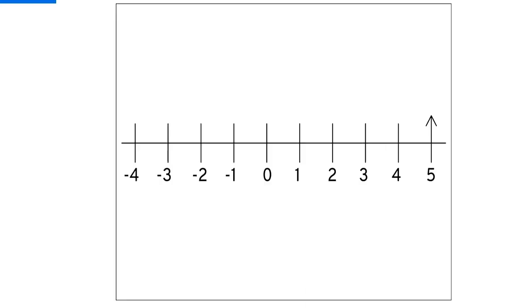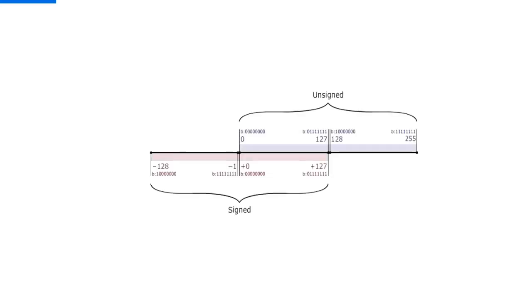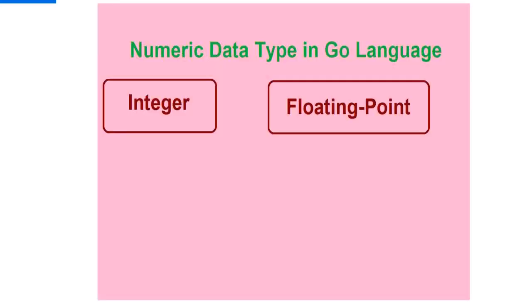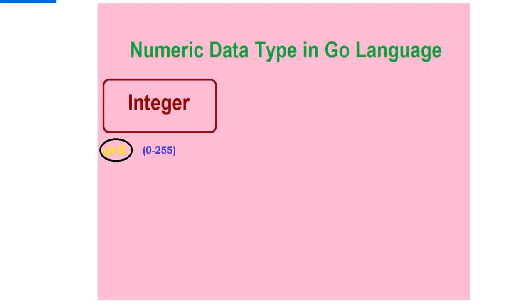According to this number line, we can have infinite numbers, some are positive and some are negative. All positive and negative numbers come in the category of signed integers, and all the positive numbers come in the category of unsigned integers. According to the range, we can divide integers as uint8, that is an 8-bit unsigned integer, uint16, that is a 16-bit unsigned integer.